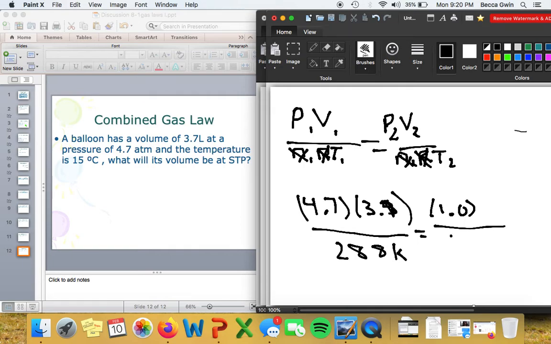We're going to change our temperature to 273 Kelvin. And ultimately, we want to figure out what our new volume will be. So we need to solve for V2. I trust that you know how to solve for that, but you're going to divide on this left side, multiply by 273, and then divide by 1, and that'll isolate your V2 for you. V2, so you can follow along with your own calculations, make sure you're typing it into your calculator right, is 16 liters.